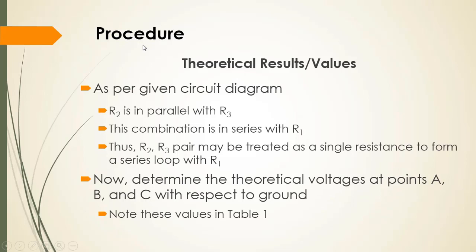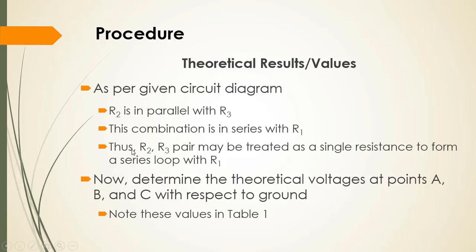The procedure for performing this experiment is such that first of all we have to find the theoretical results or values. As per the given circuit diagram, we have seen that R2 is in parallel with R3, and this combination of R2 and R3 is in series with R1.